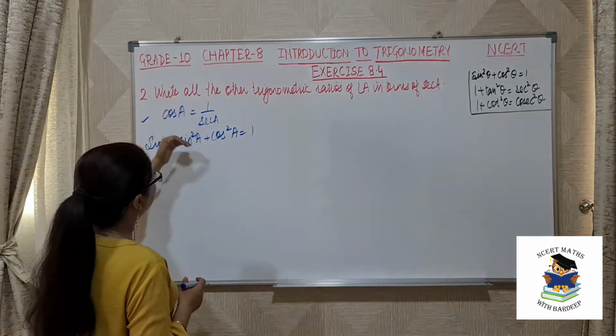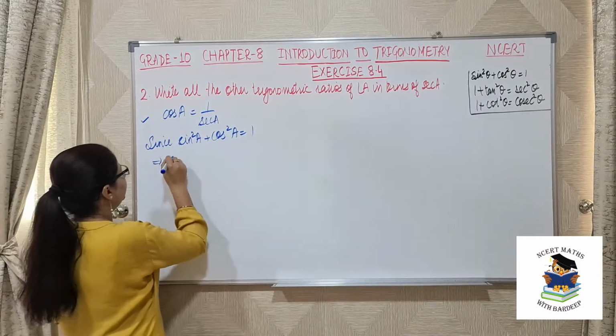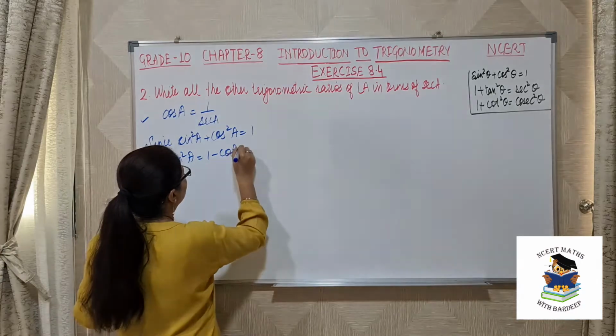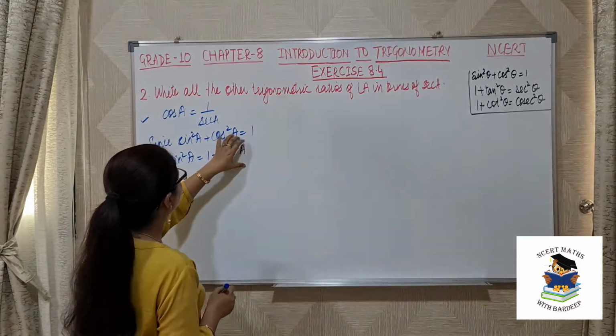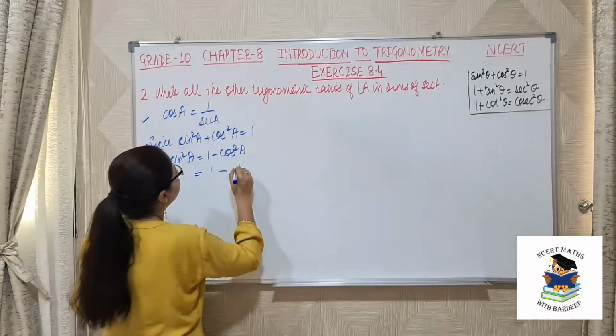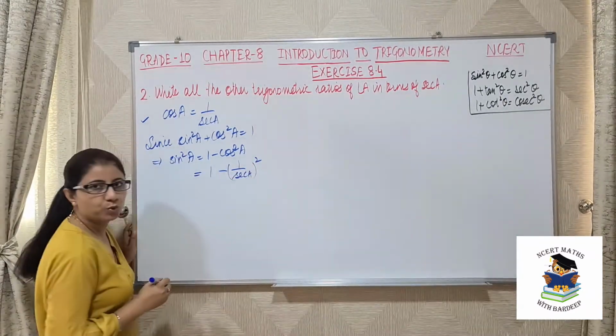So we need the value of sine. Okay, so we will shift cos to the other side. This implies sine square A is equal to 1 minus cos square A. Now I'll put the value of cos square A here. So 1 minus, cos A is 1 over secant A, and its whole square.